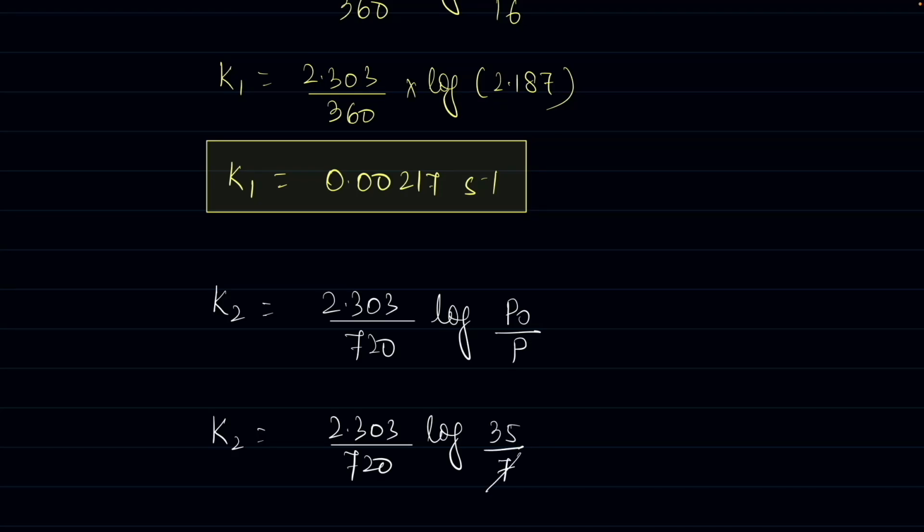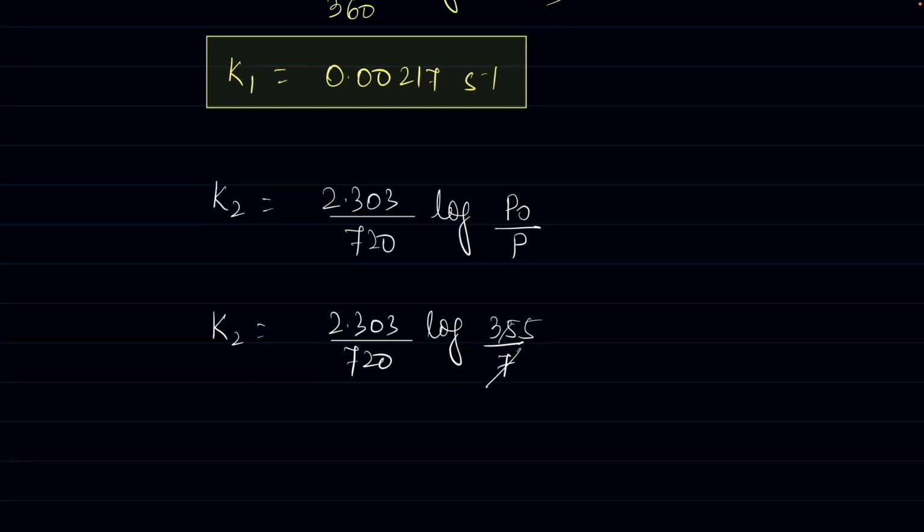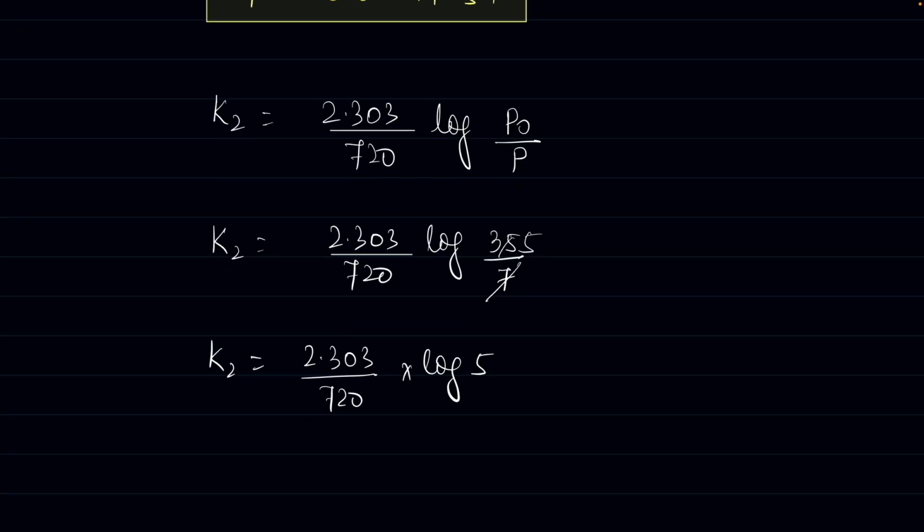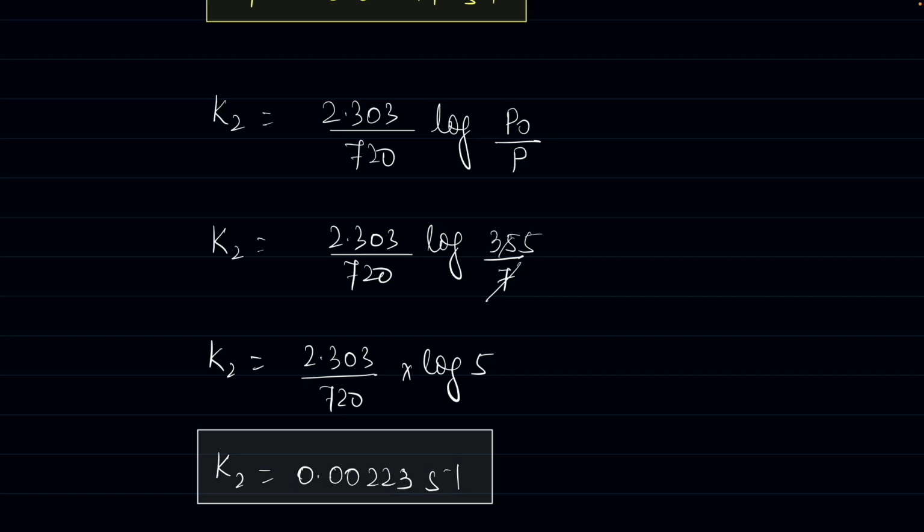So these cancel, giving 5. So K2 is equal to 2.303 divided by 720 into log 5. This K2 will be equal to 0.00223 second inverse.